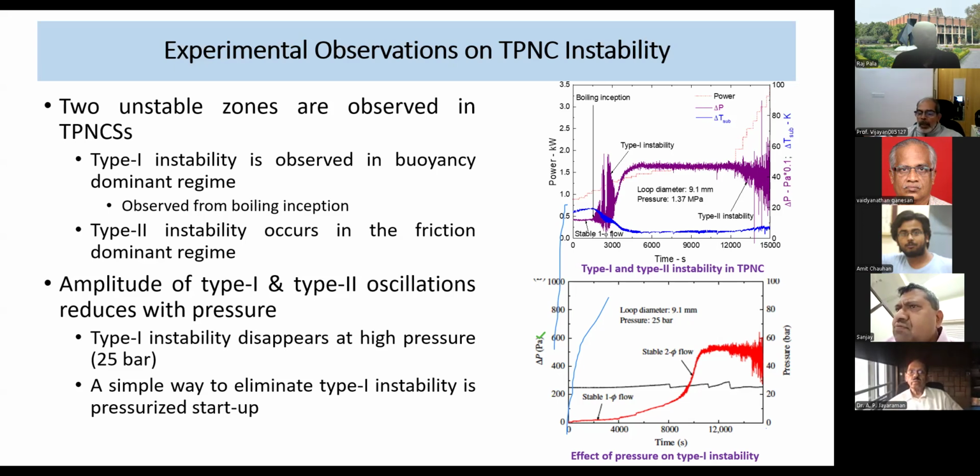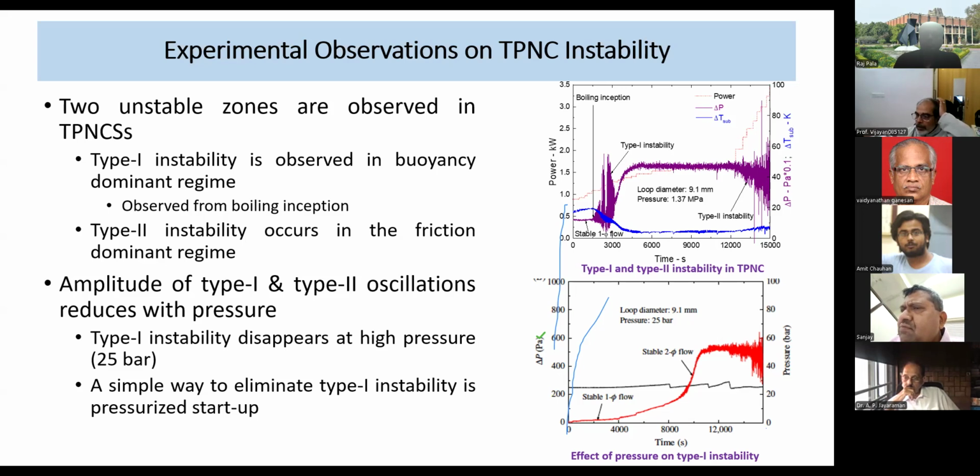0.9% power. Okay. And then we started from pump operation, switched off the pump, and wanted to see how the natural circulation develops. And then we found very different behaviors in the delta P. Correct.